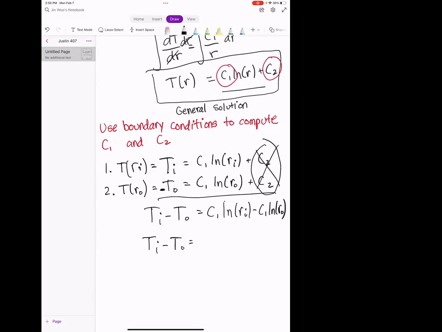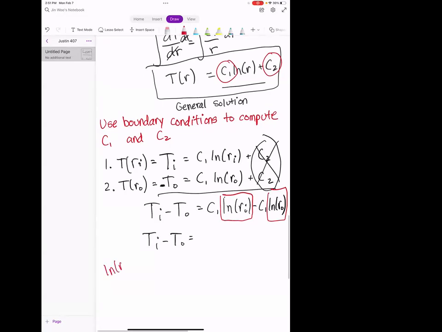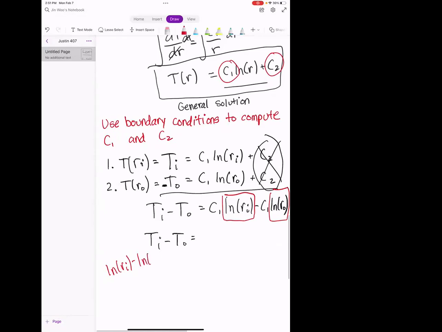To simplify this, I'm going to apply one of the rules of logarithms. Since we have two logarithms here, ln of Ri, and we're subtracting another logarithm from that, ln of Ro, you can actually combine these. The rule is that if you have two logarithms that subtract each other, you can combine them into a single logarithm and divide out its argument.